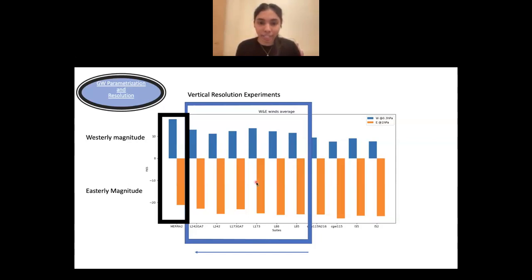The easterly wind magnitudes stay about the same, but once it reaches L242, it decreases and comes close to MERRA2. So this suggests that improving the vertical resolution has an impact on the SAO magnitudes, but we will see if it is actually enough to increase the resolution to 242 levels.